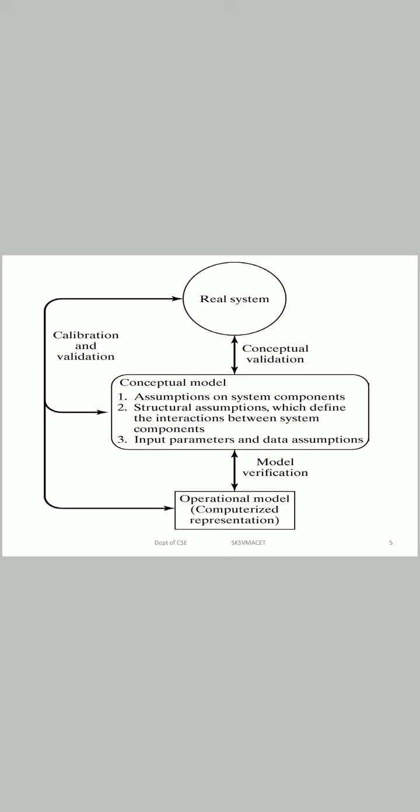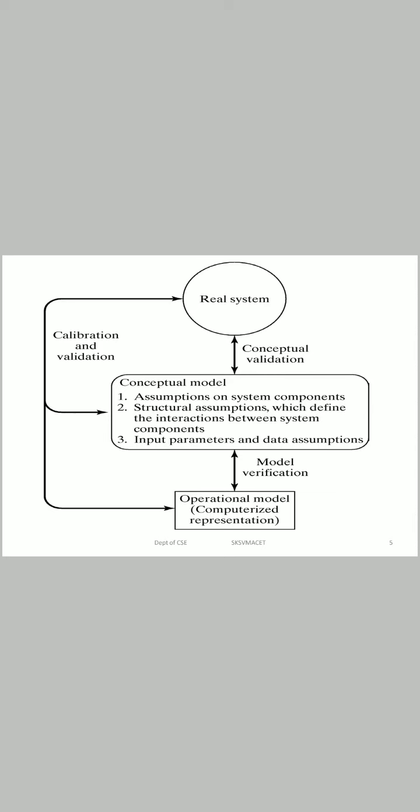This is a diagram which shows the real system at the top. We have conceptual validation and model verification. In conceptual validation, the assumptions on the system components are considered, the structural assumptions which define the interaction between the system components, and third, the input parameters and data assumptions.